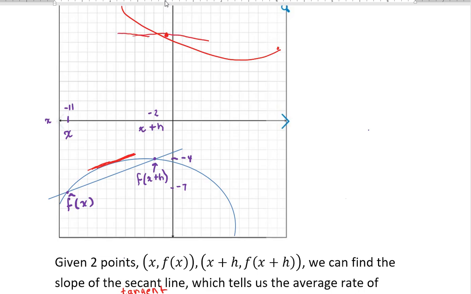You could overestimate this by this amount. Here we're underestimating by this amount. Okay, so when we have a large h, which is the difference between our x and our next x, our x plus h, we tend to have the possibility, and in fact the probability, of being too high or too low.